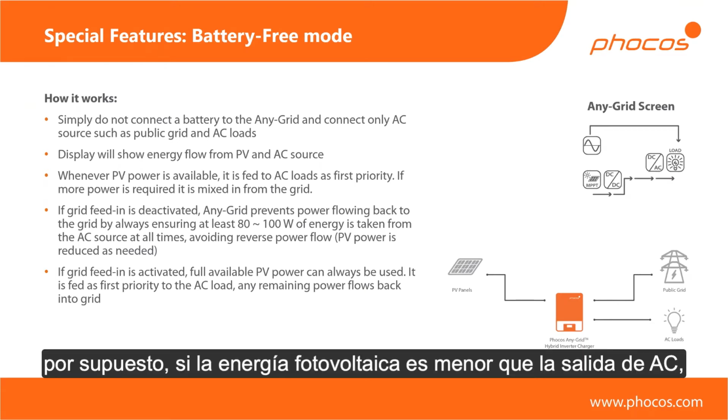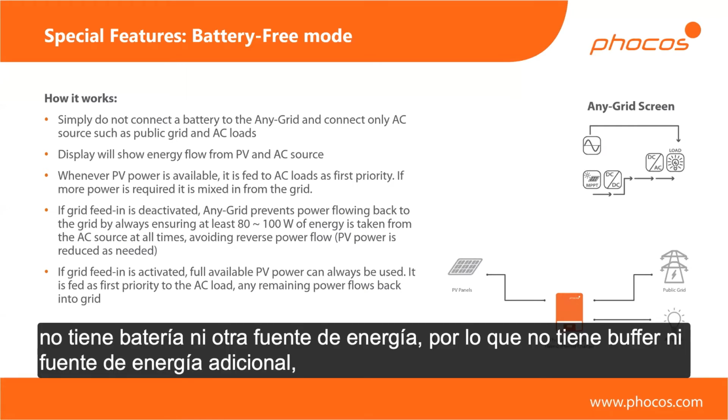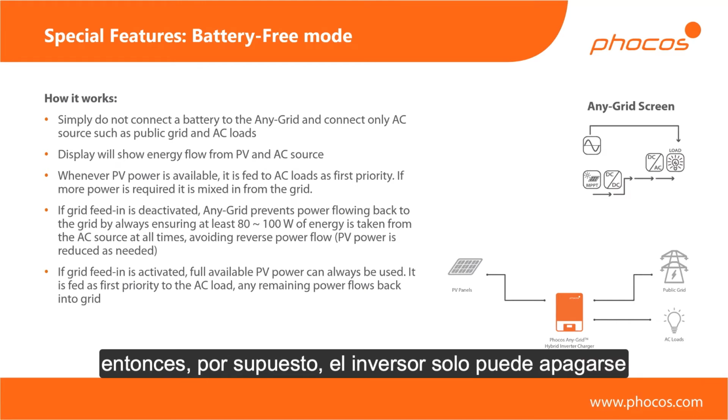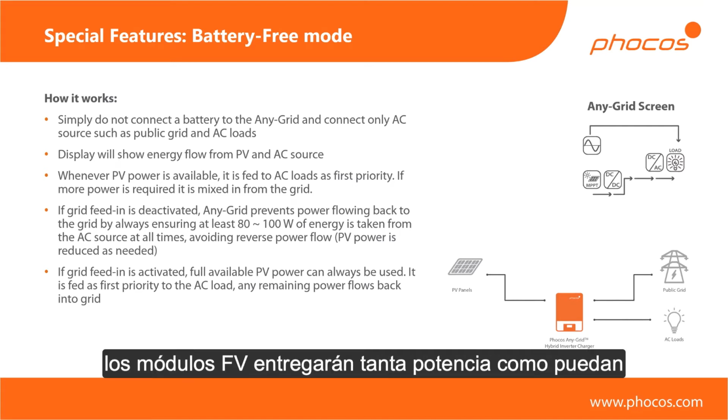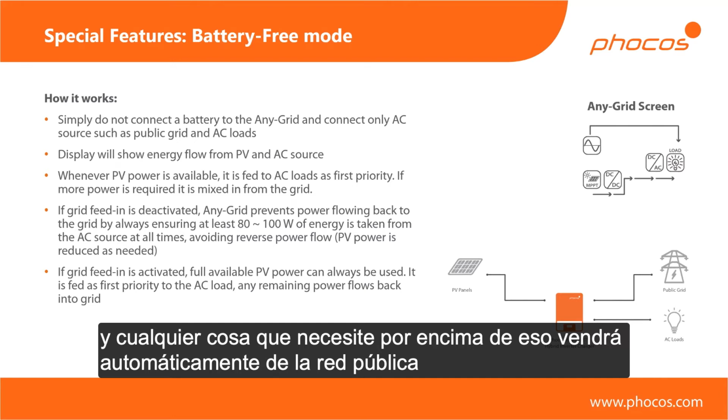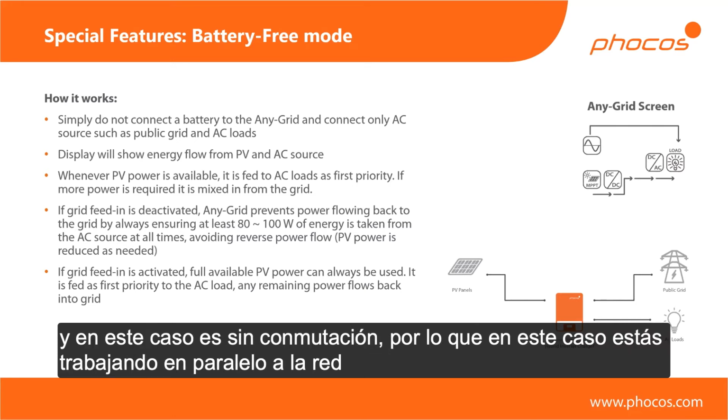So of course, if the PV power is lower than the AC output and you have no battery and no other energy source, so you have no buffer and no further energy source, well then of course the inverter can only turn off. But if you do have the public grid, then the PV modules will deliver as much power as they can, and anything that you require above that will automatically come from the public grid. And in this case, it's without a switchover. So in this case, we are working in parallel to the grid.